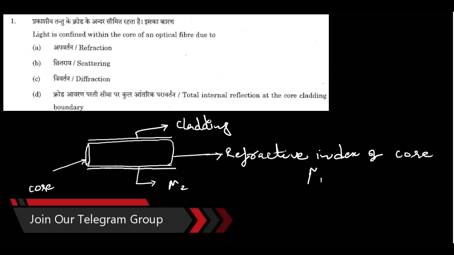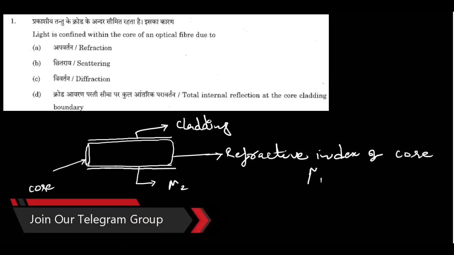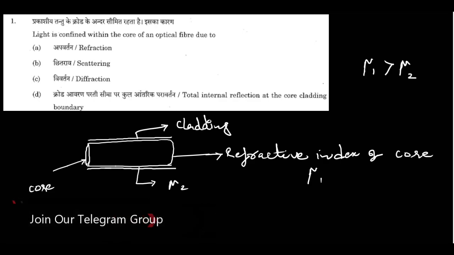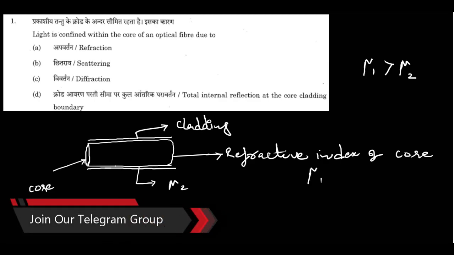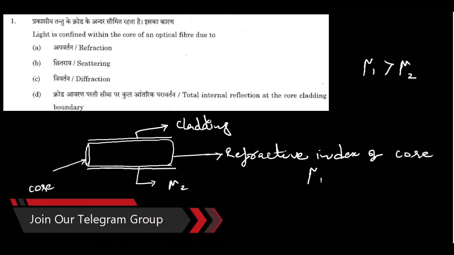Now, to propagate the light through this fiber optic cable, the refractive index of the core, that is mu1, should be greater than mu2. Once this condition is satisfied, then there occurs total internal reflection at the boundary between the cladding and the core.